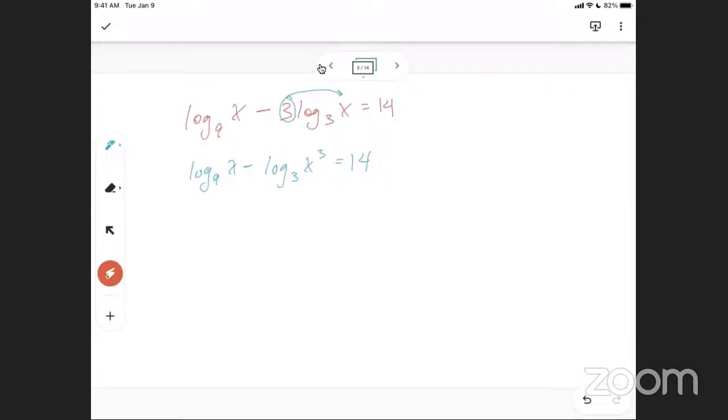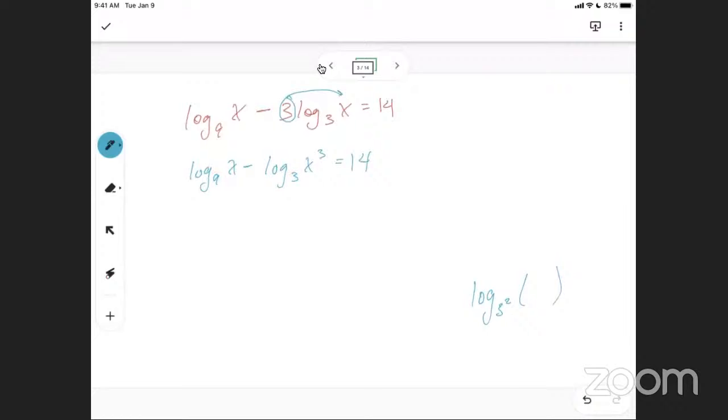So do we have any properties that talk about log bases? When you have the log of base, like something to a power, like 3 squared of something, do we have some property that talks about log bases? I'm not sure. This is a tricky problem.